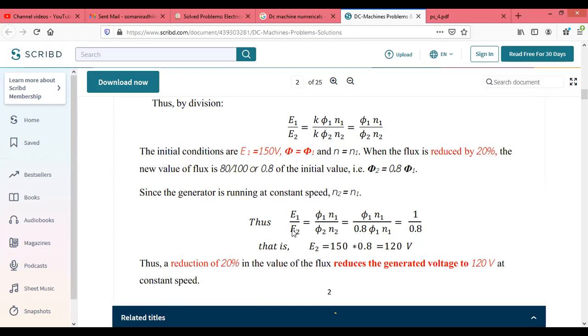If you put E2 on the right side, the equation becomes E1, and the 0.8 in the denominator goes to multiplication. So you will get E2 equal to E1 into 0.8. We have E1 as 150, so you can put that value as it is.